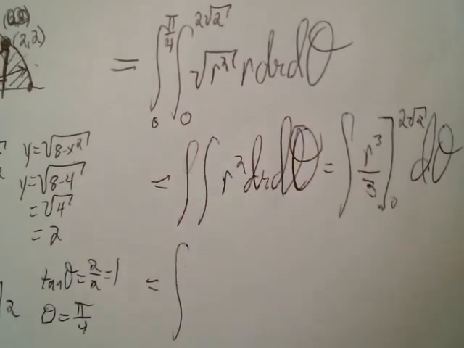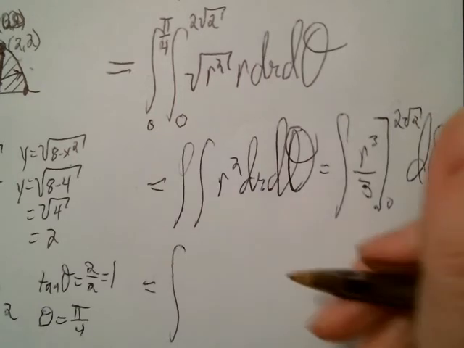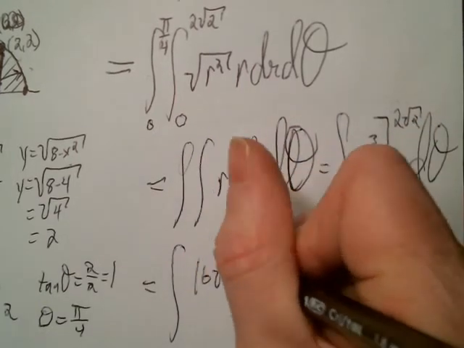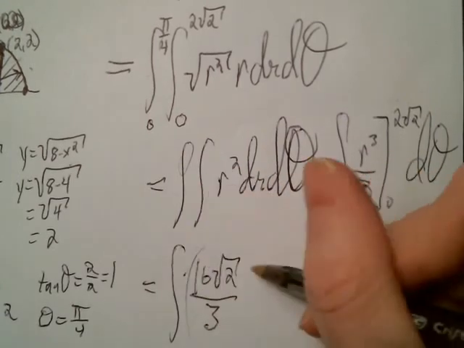And then evaluating it, I'm going to have something that's not all that pretty. 2 root 2 cubed: that will be 2 times 2 times 2 is 8 from this part of it. And then I'll have root 2 times root 2 gives me another 2, so I'll have a 16. And then another root 2. Right? So I'll have 16 root 2 over 3 minus 0, d theta.